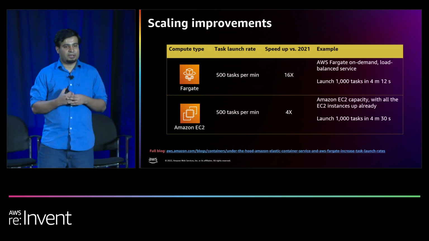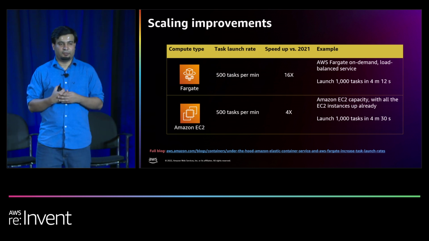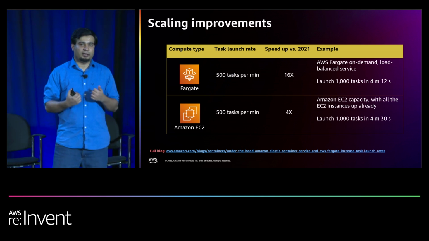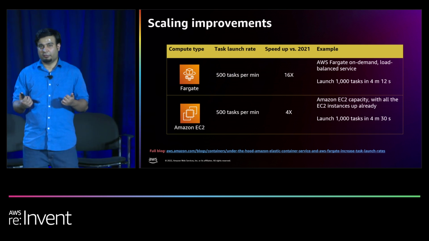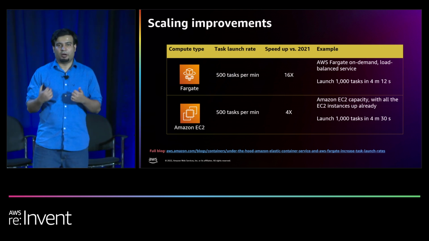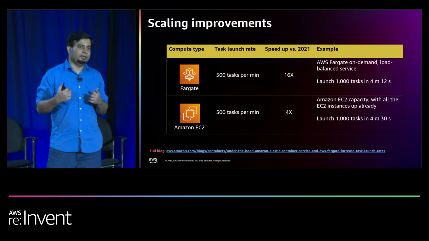A quick caveat here, as many of you who might be deploying container services with or without ECS today would know, it's not just the scheduling rate of an orchestration service like ECS, but there are multiple considerations when you deploy your applications that inform the overall deployment timelines.